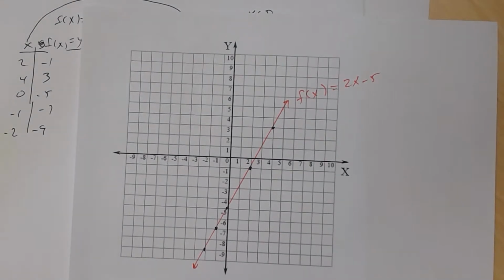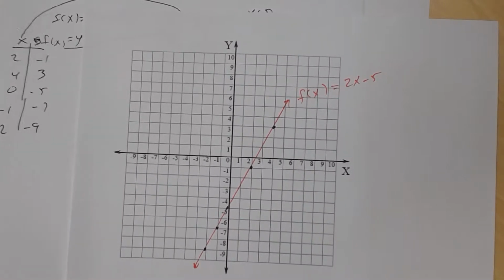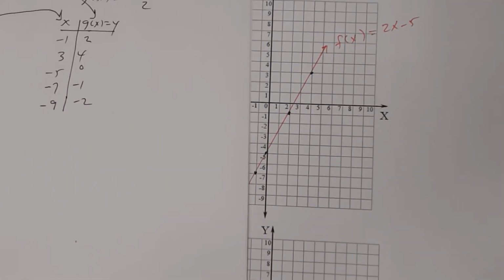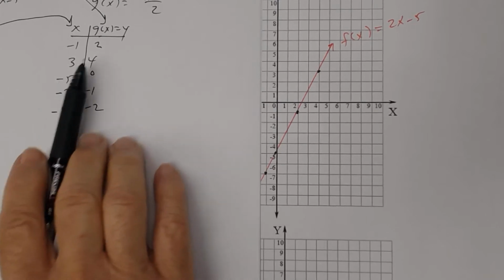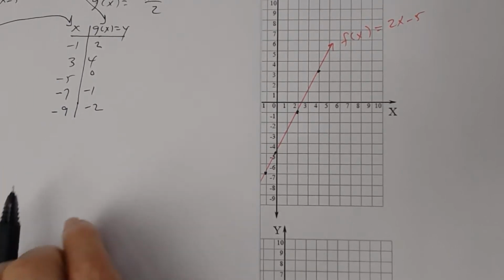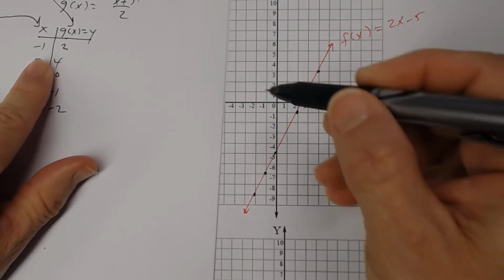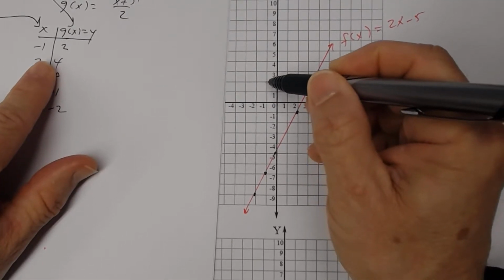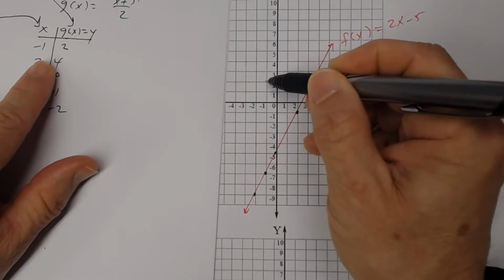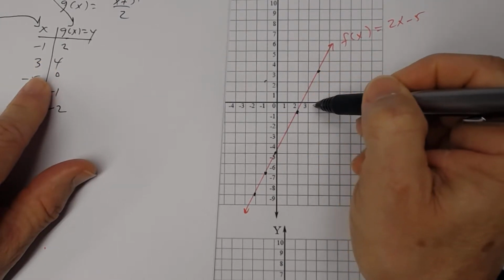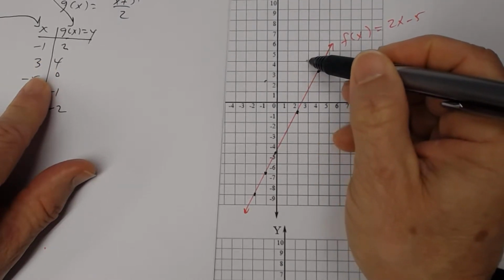Now, let's go ahead and graph the function g of x and see what that looks like. Here are my points for g of x that I'm going to use. And remember, these are lines. You just need 2 points, but I'm going to plot all 5 points here. So I'm going to plot the point negative 1, 2. Negative 1, 2 is here. 3, 4 is here.